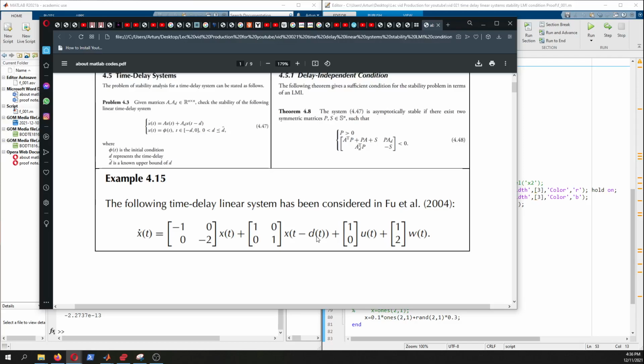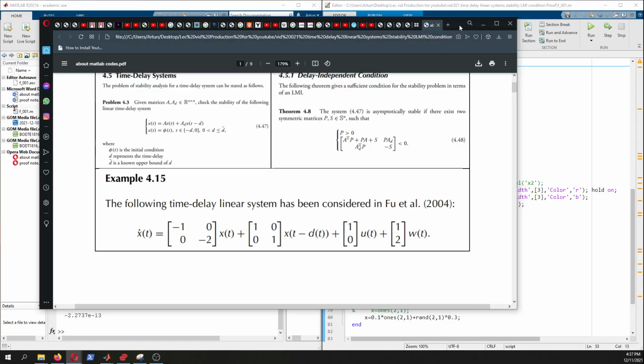However, there can be cases where you have x1 of t minus 0.1 and x2 of t minus 0.3, right? In that case, we have two types of delays, 0.1 and 0.3 seconds. Those delays, you need to put them in a vector, and then you let MATLAB know about them.